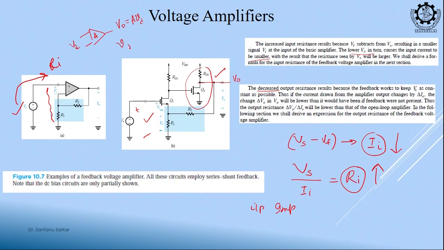Now, what is Vd? V0 by A. If A is infinite, what is Vd? 0. What is the meaning? That the feedback amplifier is trying to reduce the error to 0, because its gain is so large.